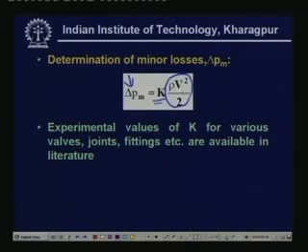Okay. And this factor K has to be determined experimentally, and it will be different for different types of valves, joints, fittings, bends, etc. Generally the values of K for different fittings, valves, etc. are available in standard literature. So, if you want to find out the minor loss, for example, you have a bend and you would like to find out the pressure loss due to the bend, first you have to find out the velocity pressure.